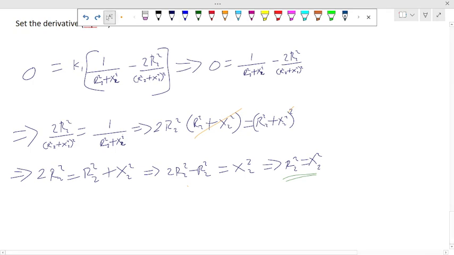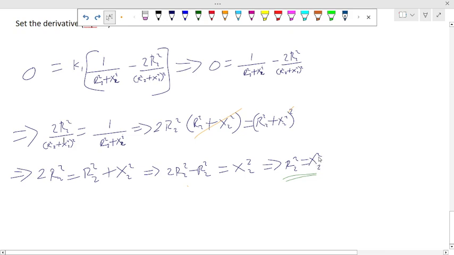What will be left is 2R2 squared equals R2 squared plus X2 squared. Okay, and of course at this point you can bring this guy to this other side, which will now be what? 2R2 squared minus R2 squared equal to X2 squared. This minus this will leave you with just 1, which is R2 squared equals this.